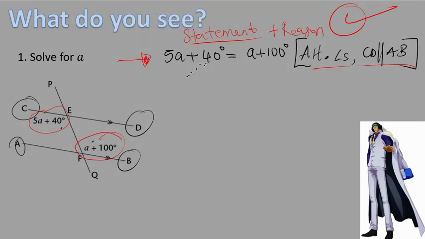I have to separate the knowns from the unknowns. So 5A and A are the unknowns, right? So I'm going to say 5A, and then here I need the additive inverse of that. So I'm going to have plus 40 degrees is equals to A plus 100 degrees. Let me create some space here. I will need the space.